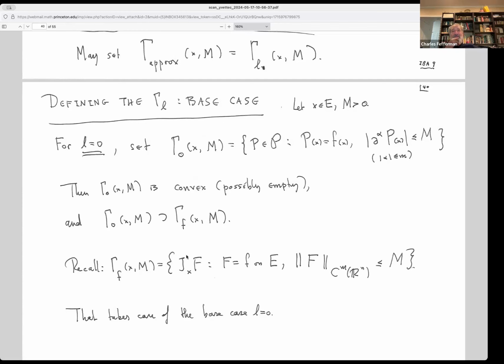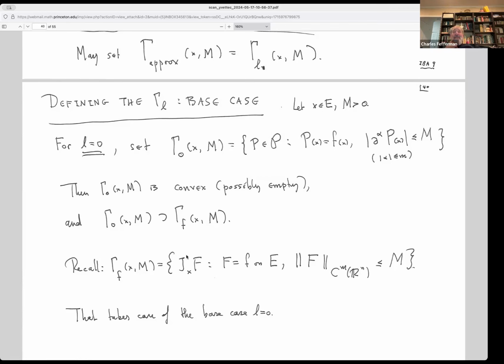So the value of the function agrees with the data. And furthermore, the polynomial and all its derivatives up to order m at the point x are at most capital M. Now, certainly, that set is obviously convex. Notice that it's empty if capital M is smaller than the absolute value of f of x, because then you can't do that.